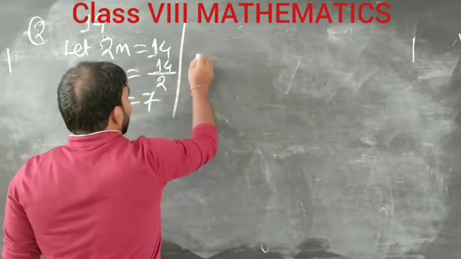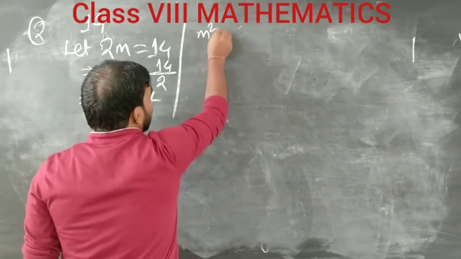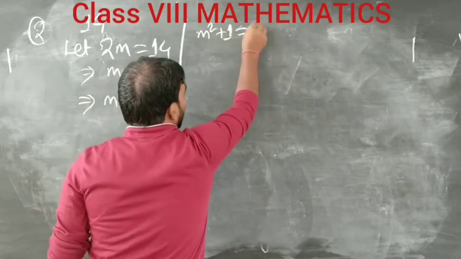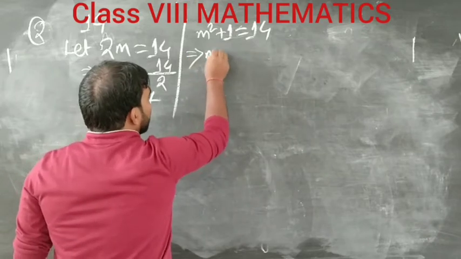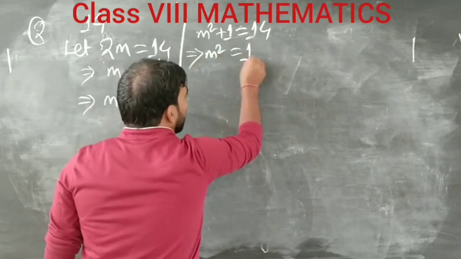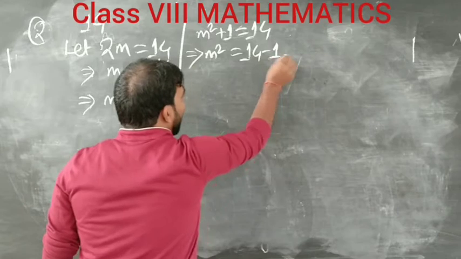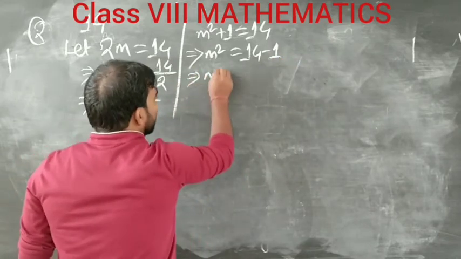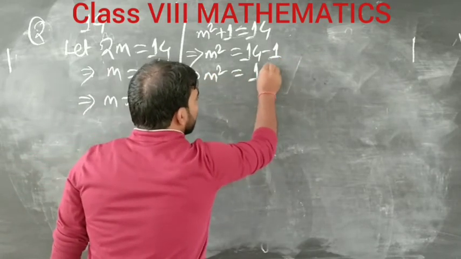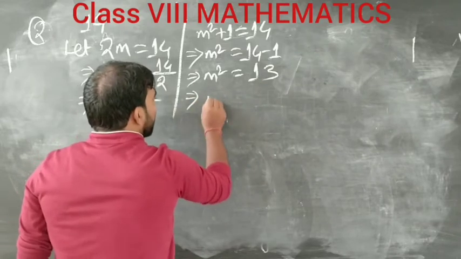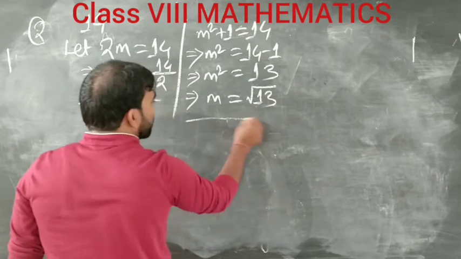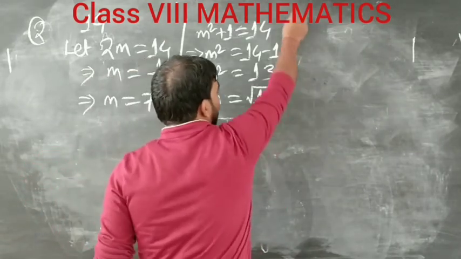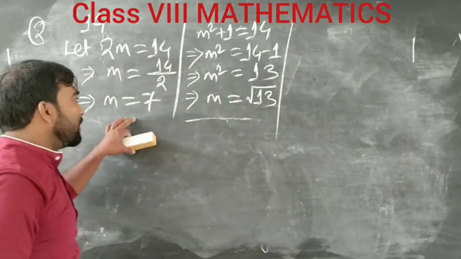Another one is m square plus 1 equals 14, so m square equals 14 minus 1, m square equals 13, m equals root 13, which is not possible. This root 13 is not possible because we should get whole numbers.